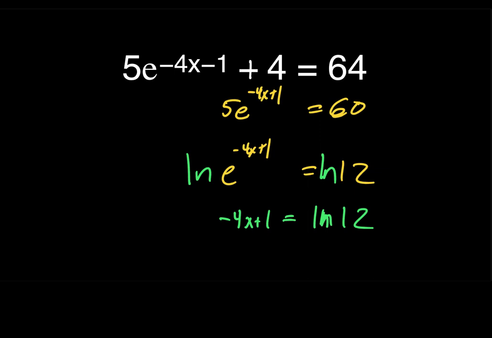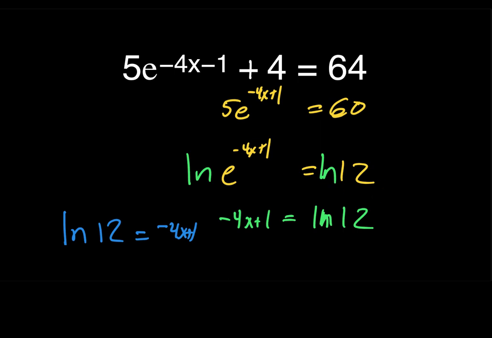Or you think, like we did on the previous slide, e is my base, so I take natural log of 12, and the exponent is negative 4x plus 1. So either way of thinking about it, I'll be in the habit of starting to do this more: I've got natural log, I have e to some power, natural log of e of something, they are inverse functions, leaves me just with the exponent.